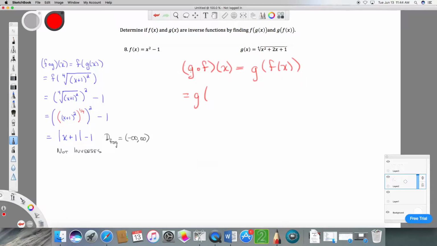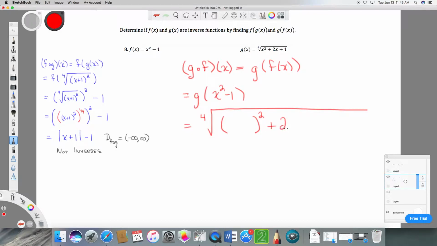We replace f with x squared minus 1. And this function g, what does it do? Well, it always takes a fourth root. And underneath that fourth root is always 3 terms. The first term is always the input, no matter how ugly or complicated or simple it is, and it squares it.